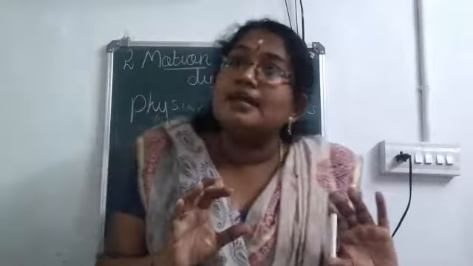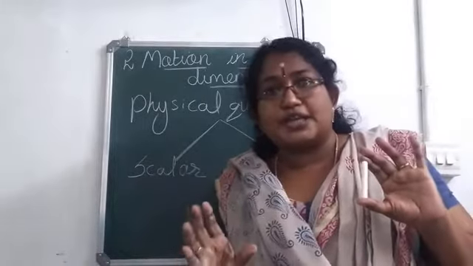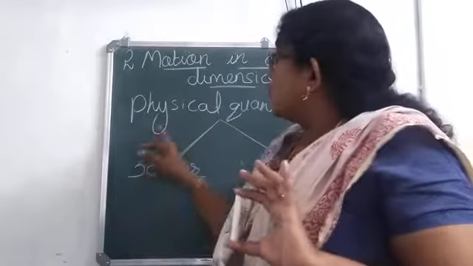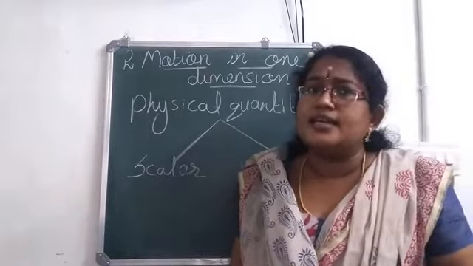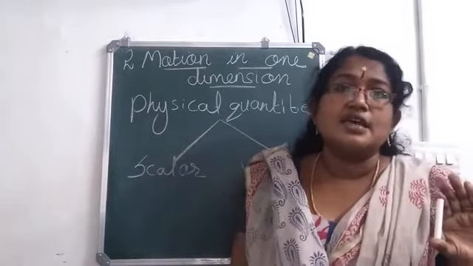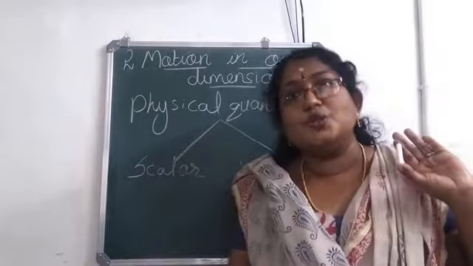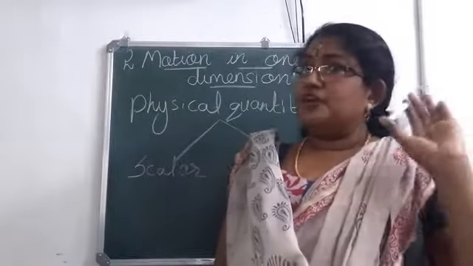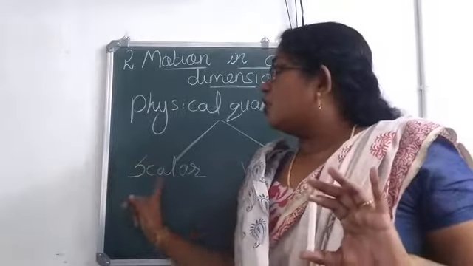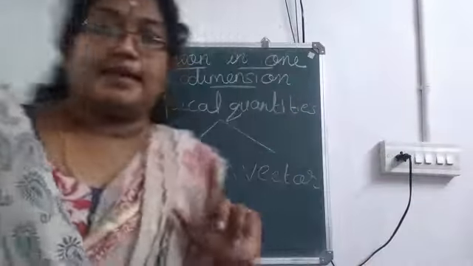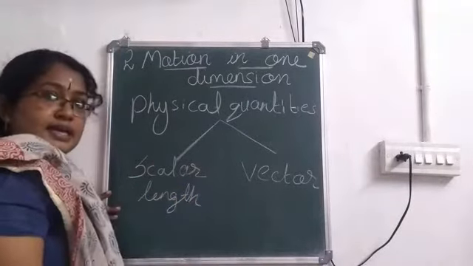So, if a measurement is clear with its numerical value or magnitude and unit, you can call it a scalar quantity. So, what are scalar quantities? The quantities which can be represented using their magnitude and unit. For example, length.